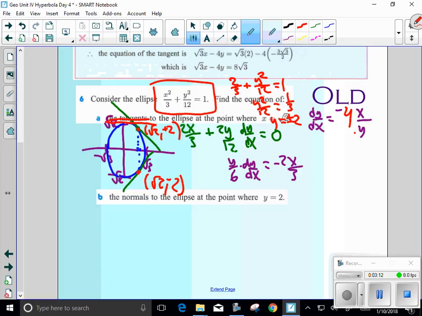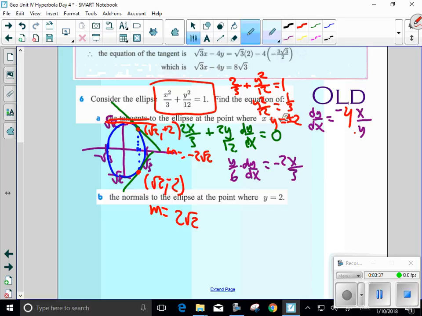Now, what's interesting about these is the slopes. X is the square root of 2. So the one up here is going to be negative 2 square root of 2, and the one down here is a positive 2 square root of 2.